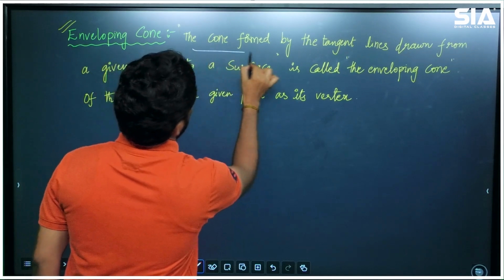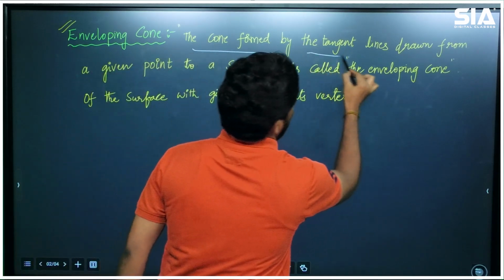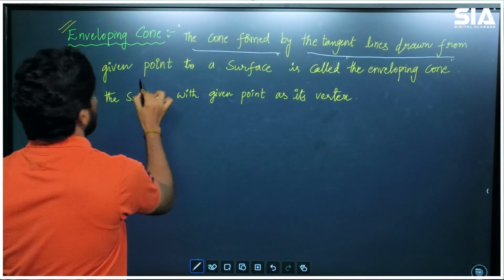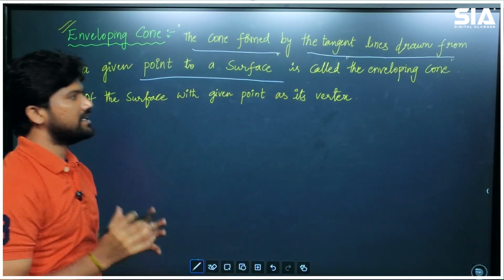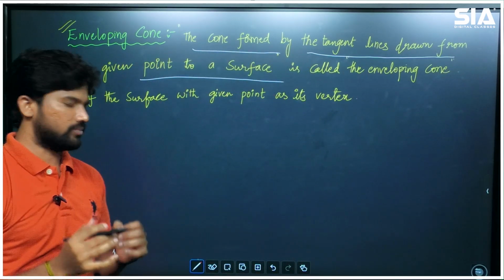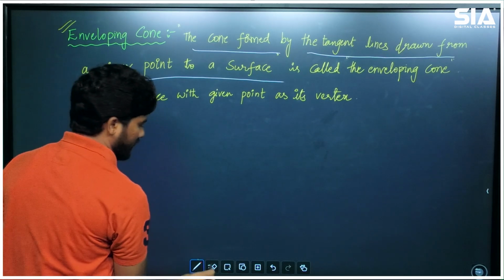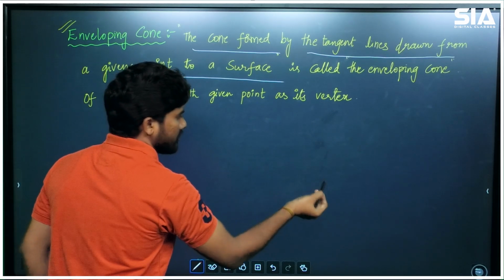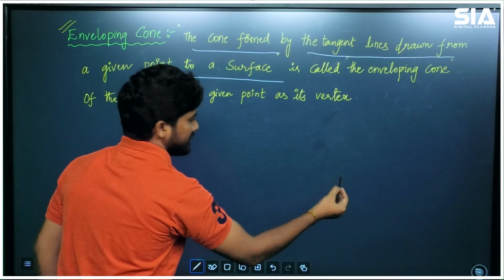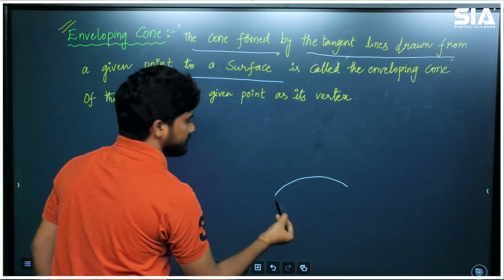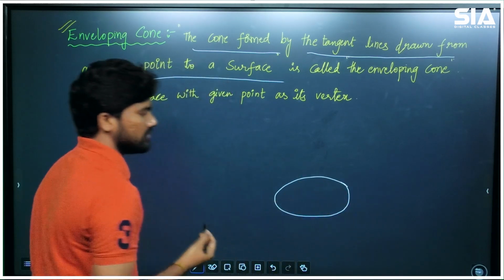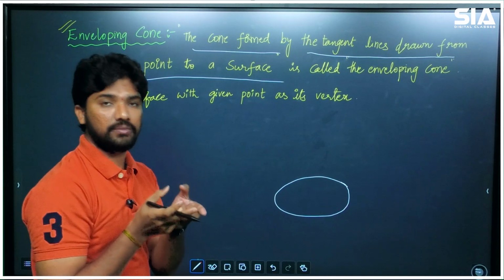The cone formed by the tangent lines drawn from the given point to a surface is called an enveloping cone. Okay, so that means whenever you take a surface, see, the section of the surface is always a circular base only.